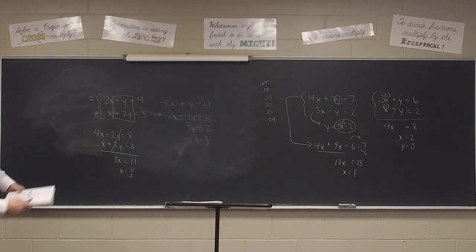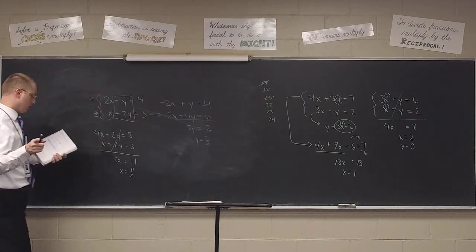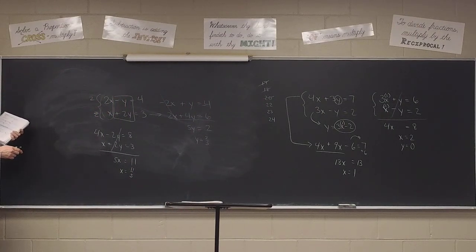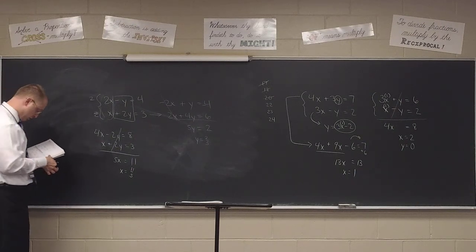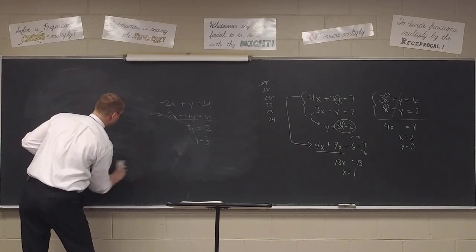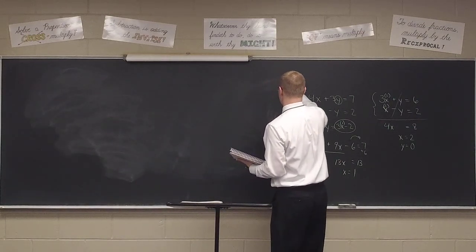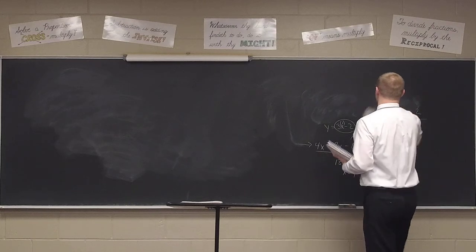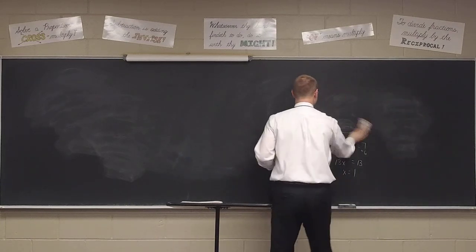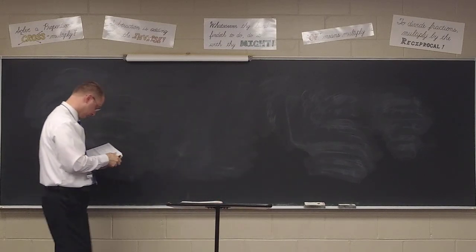Let's take a look at number 22, and let's come back to Noah on this one. Addition or substitution on 22? Addition. Addition, all right. You multiplied the top by 2. Oop, I just erased the numbers. I think I can remember them. So when you multiply the top by 2, what did it give you? Negative 6x.